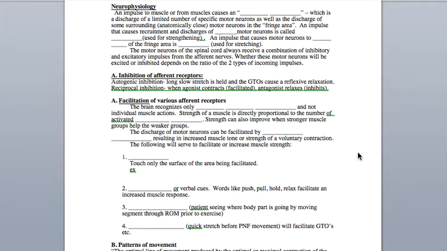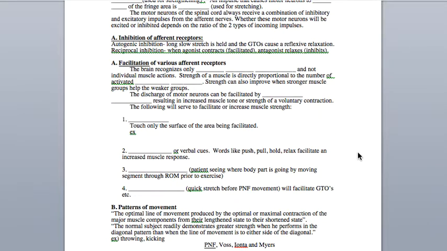The discharge of motor neurons can be facilitated by peripheral stimulation, resulting in increased muscle tone or strength of a voluntary contraction. That's a reiteration of what we were talking about.